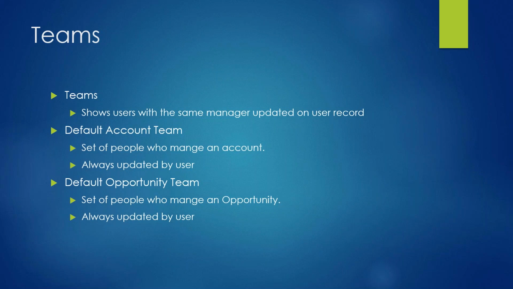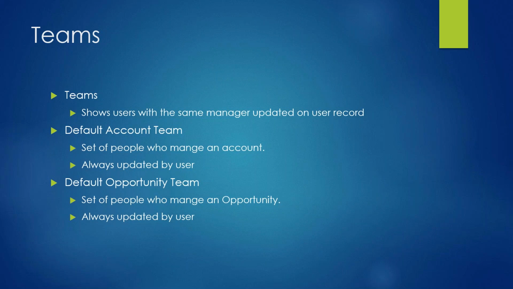Now, point one about the team. Team is a related list which you'll see if you have a manager and that specific manager is updated on the user record. Just for example, you have one manager and 10 team members. If all the 10 team members are updated with one manager, you are going to see all those 10 people, including your manager, as part of the team.